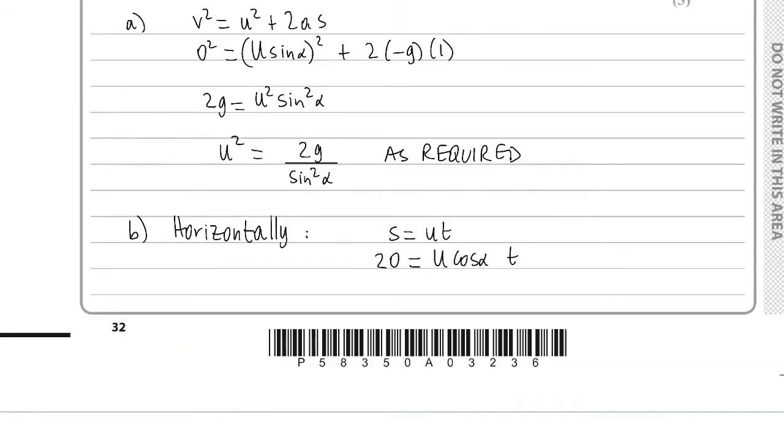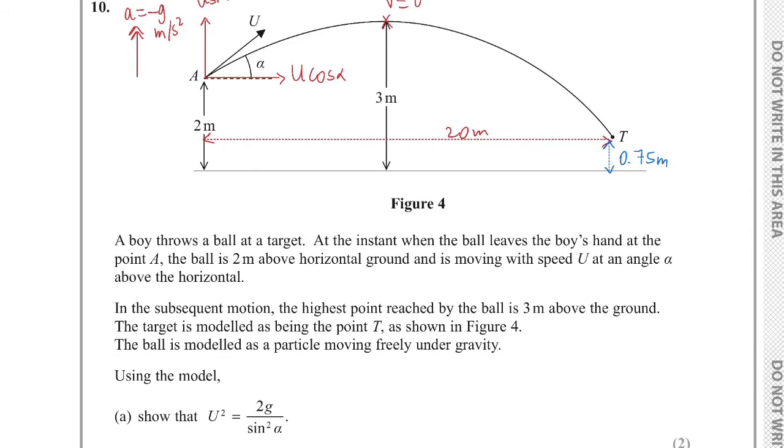We do know that we are 0.75 meters above ground, which means that the distance below the launching point is simply 2 minus 0.75, which is 1.25 meters. So that's my displacement. It's actually minus 1.25 because I'm 1.25 meters below the launching point.